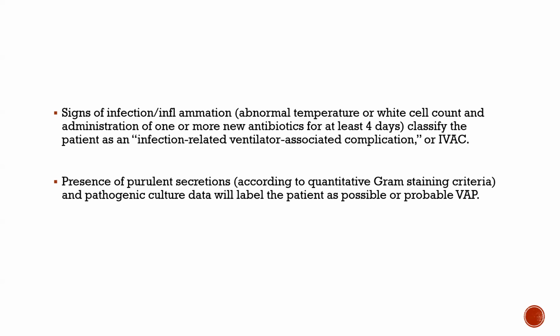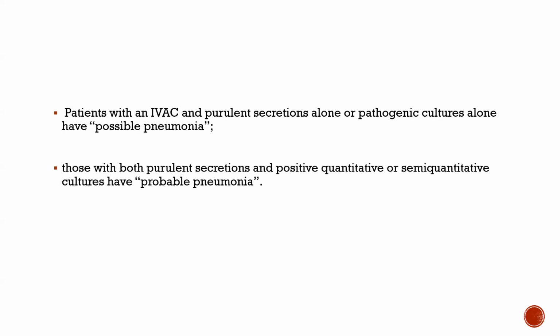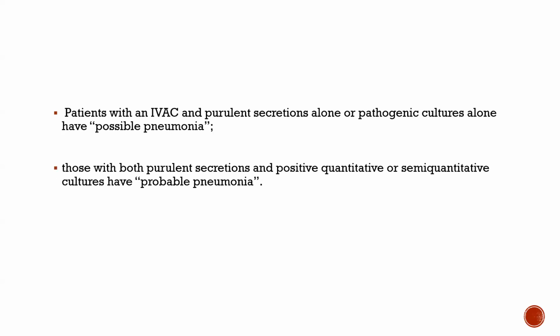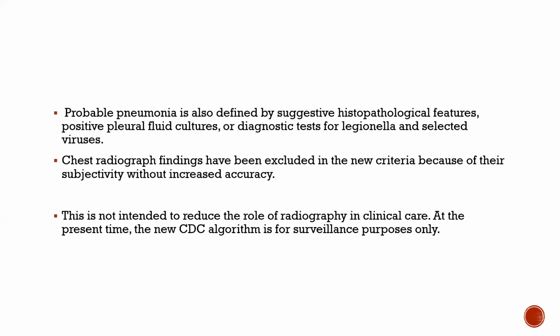And the presence of purulent secretion and pathogenic culture data will label the patient as possible or probable VAP. The patient with this infection related ventilator associated condition and purulent secretion alone or pathogenic culture alone has possible VAP. Those with both purulent secretion and positive quantitative or semi-quantitative culture have probable VAP.